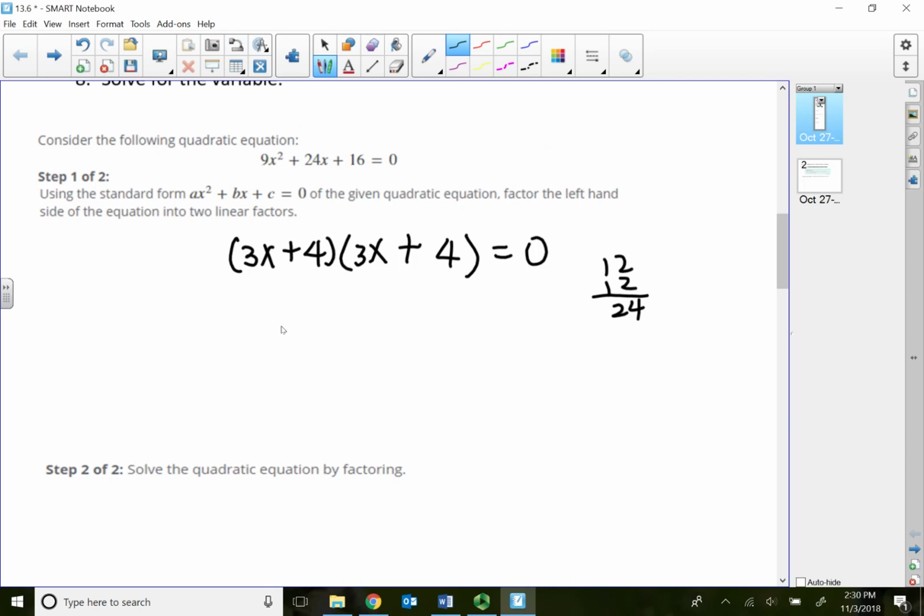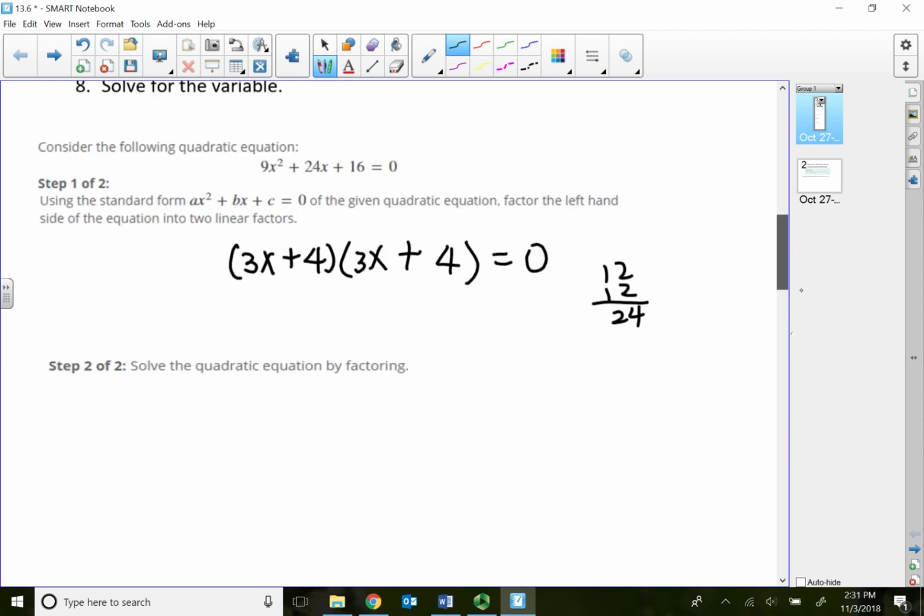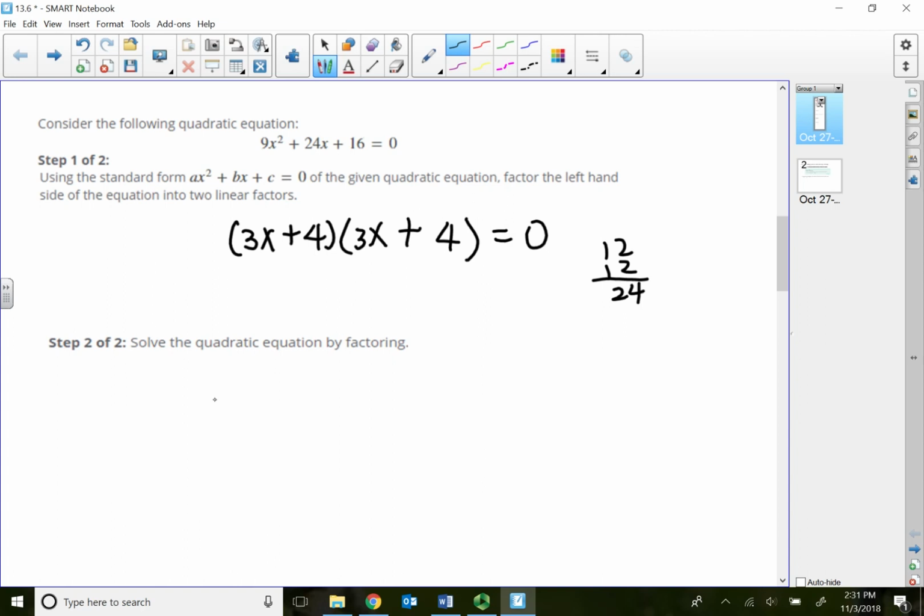Now I will solve the quadratic equation. So the next step is to set each factor containing the variable x equal to 0. So this is one factor, set equal to 0. Find the other factor, 3x plus 4, set equal to 0. And we will solve these 2 linear equations. So move the positive 4 over.